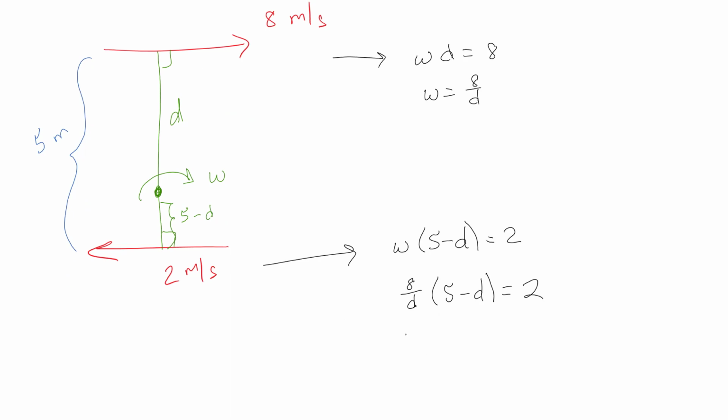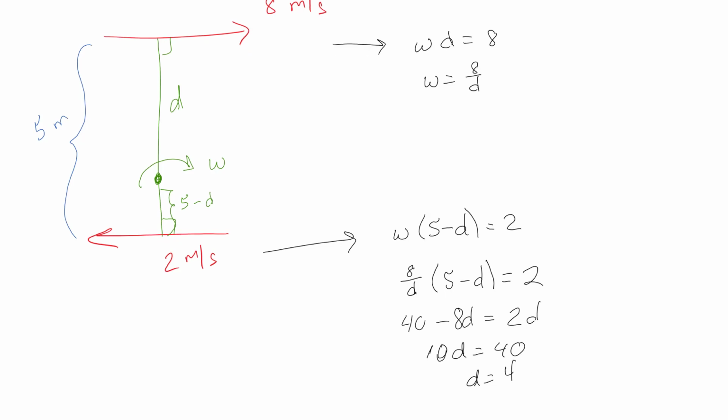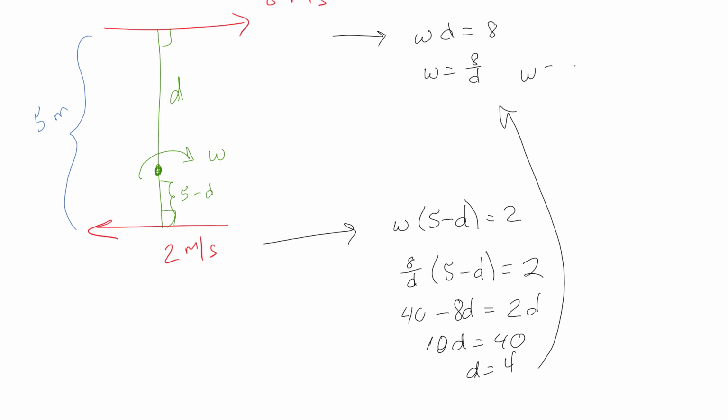And that ends up being something like 40 minus 8d is equal to 2d, there we go, see, yay, 10d is equal to 40, and d equals 4, so omega equals 2. All right, so what we have is we are now able to actually quickly say that d is equal to 4 meters, and omega is equal to 2 rads per second.